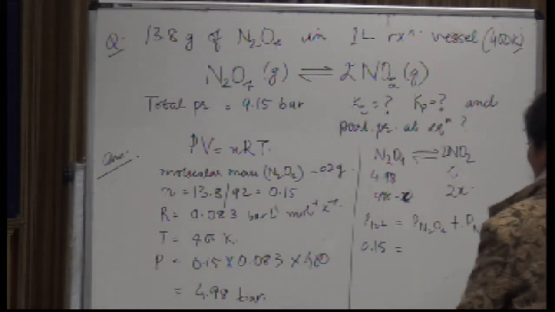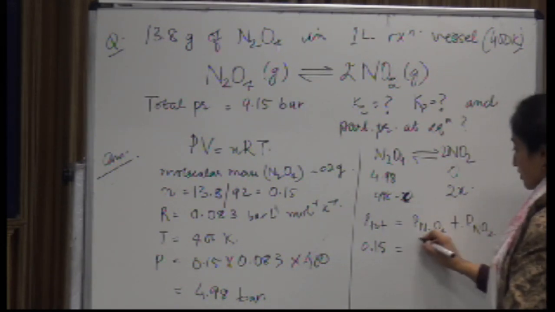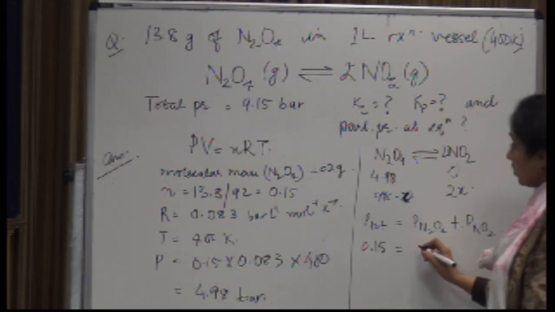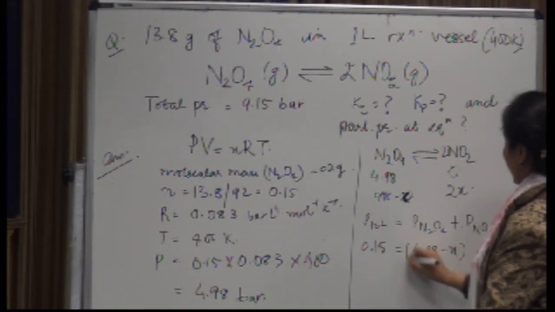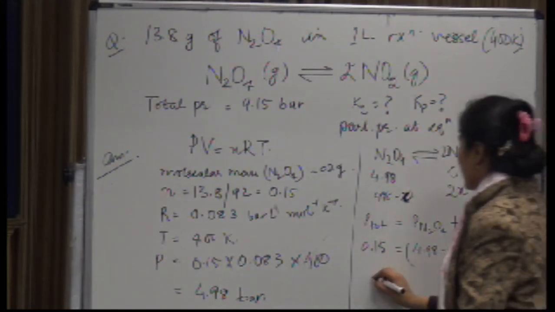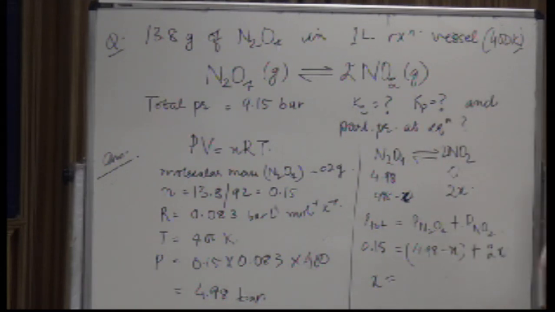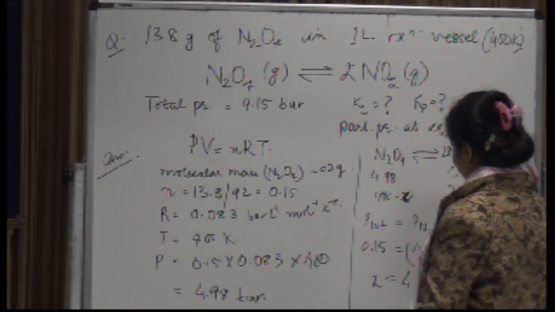What is the pressure of N2O4? That is 4.98 minus x. What is the pressure of NO2? That is equal to 2x. You can easily find out x from here. Your x is turning out to be equal to 4.17 bar.